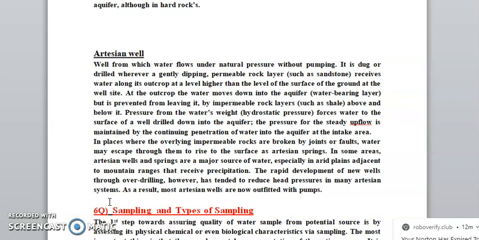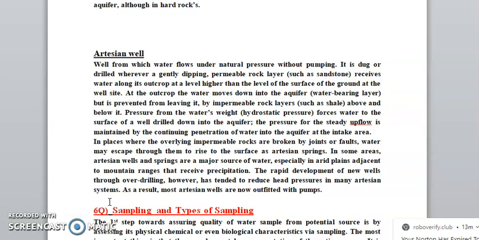At the outcrop, the water moves down the aquifer, but it is prevented from leaving by the impermeable rock layer above and below it. Okay, pressure from the water's weight forces the water to the surface in a well drilled down into the aquifer.